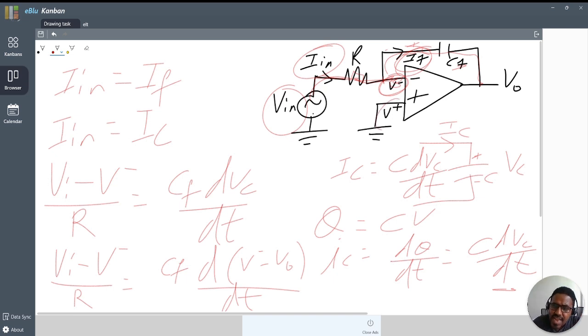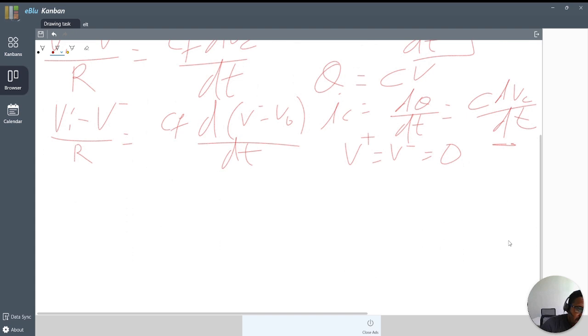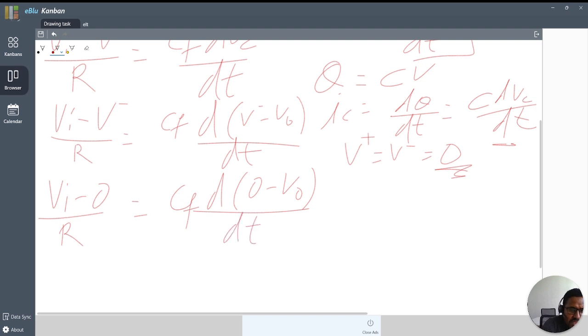As you know, the non-inverting terminal of the op-amp is grounded, so V non-inverting becomes 0. By the rules of op-amp circuit analysis, V non-inverting equals V inverting. This becomes 0, so we replace V inverting by 0. So Vi minus 0 over R equals C feedback times d of 0 minus V out over d of t.